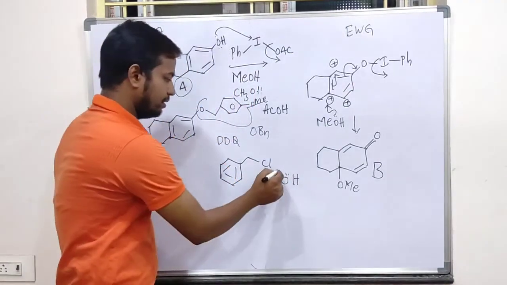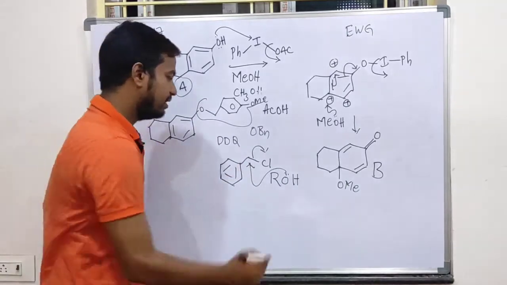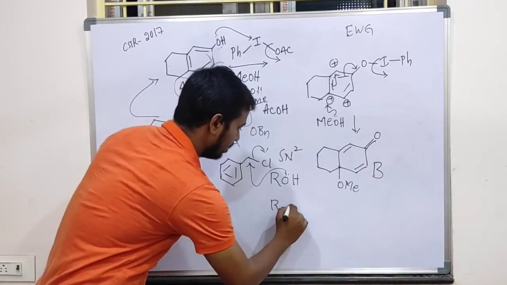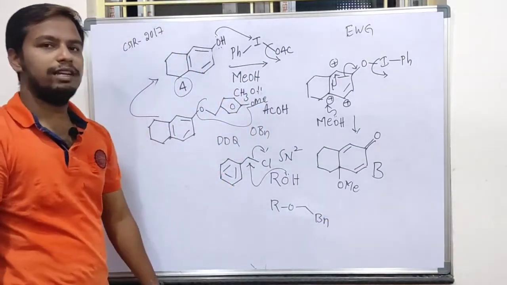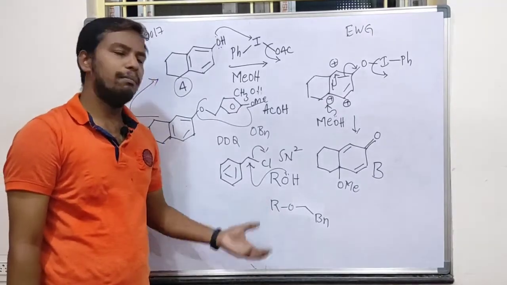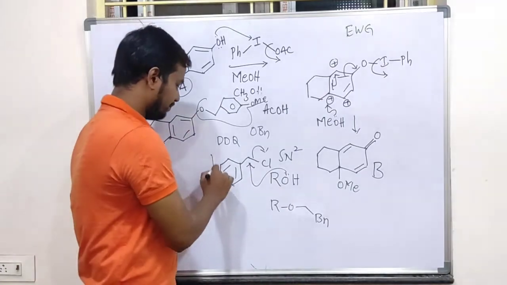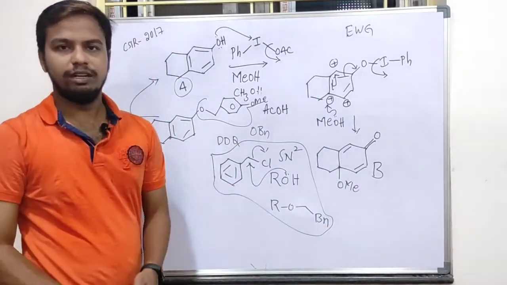Alcohols in general undergo a nucleophilic substitution reaction, a simple SN2 reaction is happening here. So after that what is forming? ROBn. Bn is nothing but the benzyl functional group. So DDQ is also a best reagent to deprotect the benzyl functional group, that is the OBn functional group. So this is one of the important examples. Clear?